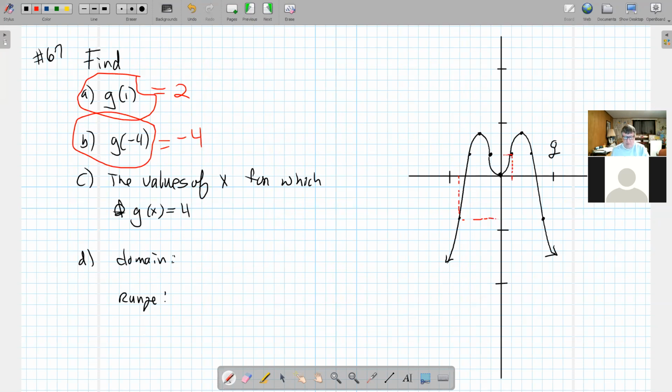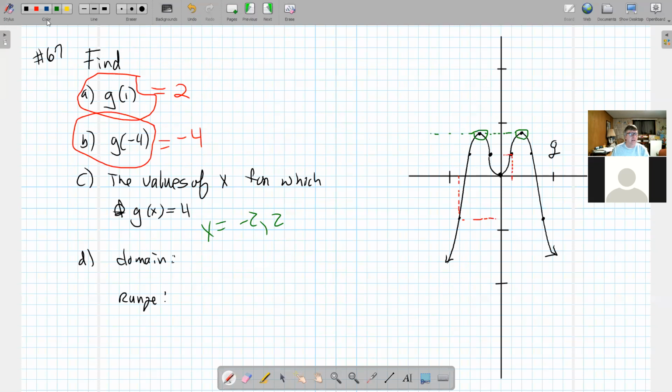Negative 4. Okay. The values of x for which g of x equals 4. All right, there, which is what? Negative 2. And right there, which is positive 2. So x equals negative 2 and positive 2.